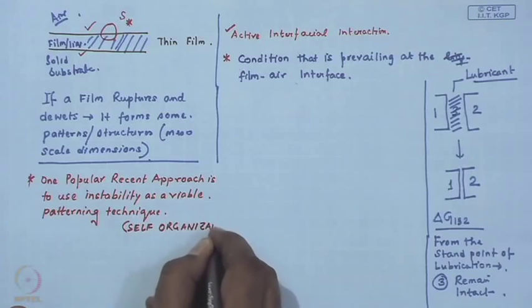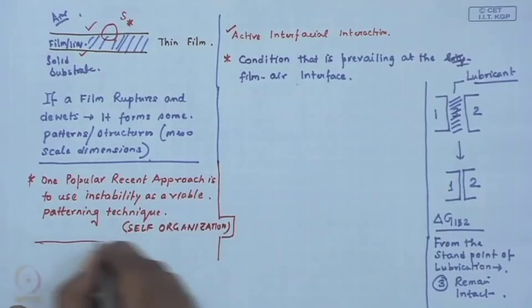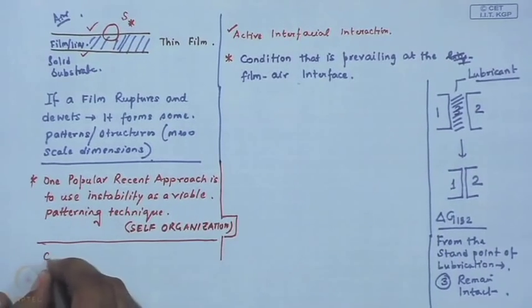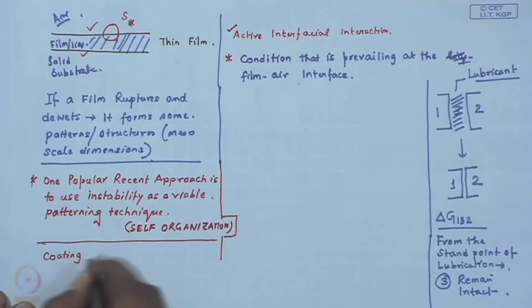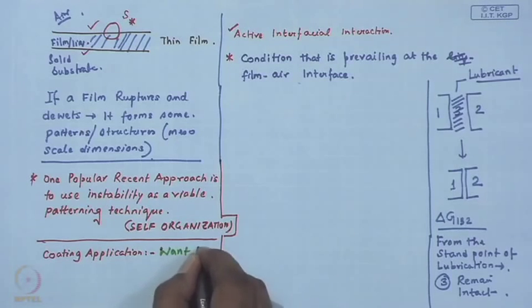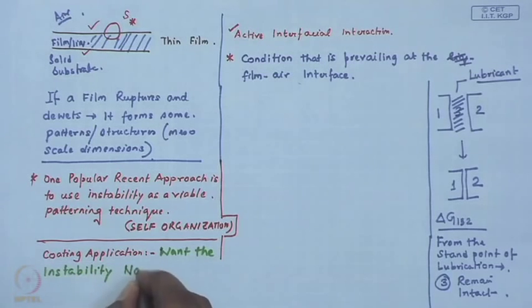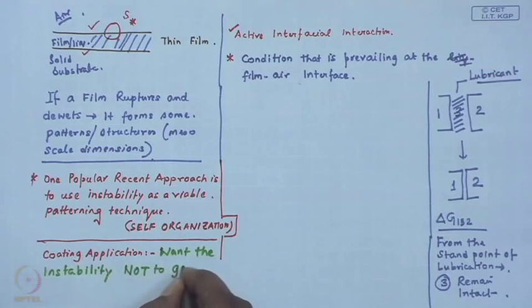However, if you are now talking in terms of a coating application, which is the most widely used industrial application of thin films incidentally, you definitely want instability not to set in. Okay.